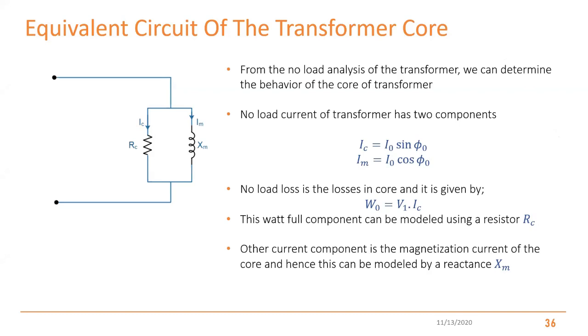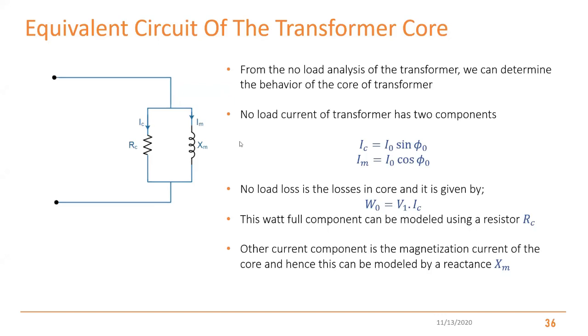The other parallel path is responsible for power loss. Power dissipation normally occurs at resistors, therefore we model that part as a resistor. Then this becomes our core model. So the core part of our transformer is already resolved.